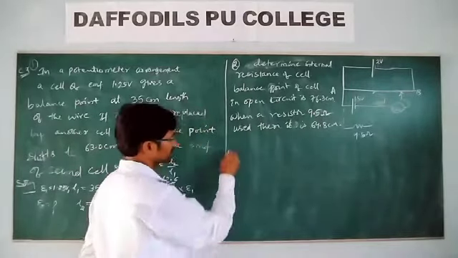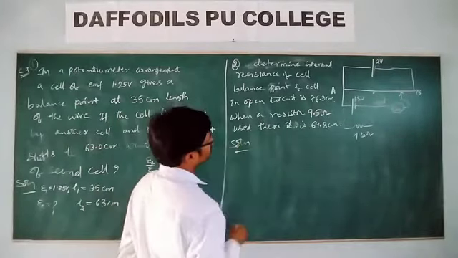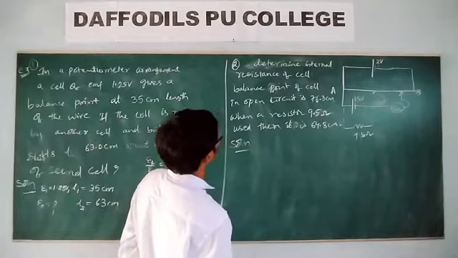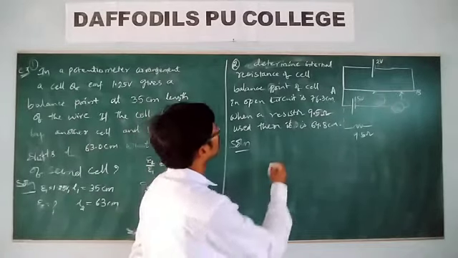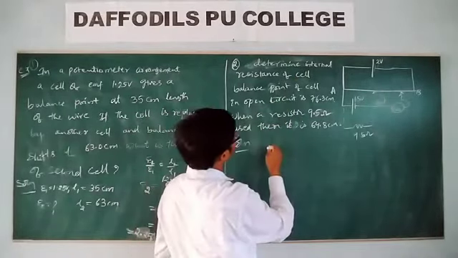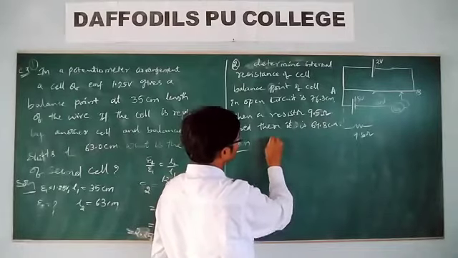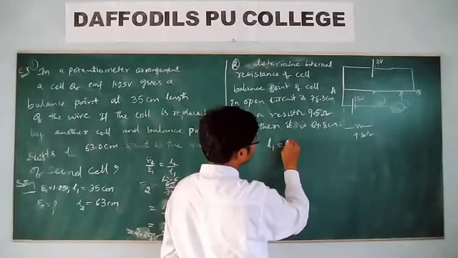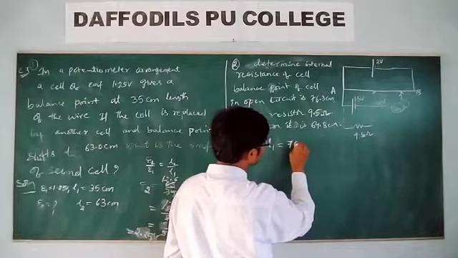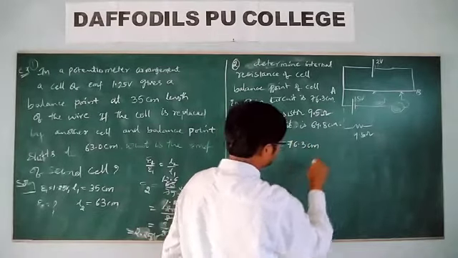Let us write the given information. What is the given information here? For the cell of EMF in open circuit, the balance length L1 is equal to 76.3 centimeter.